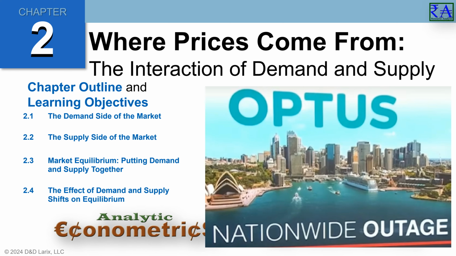For 12 hours, millions of Australians experienced firsthand how a disruption in supply can create immediate economic and social consequences, from missed payments to inaccessible healthcare. As we move through this chapter, keep in mind how the principles of supply and demand apply to real-world scenarios like this one.